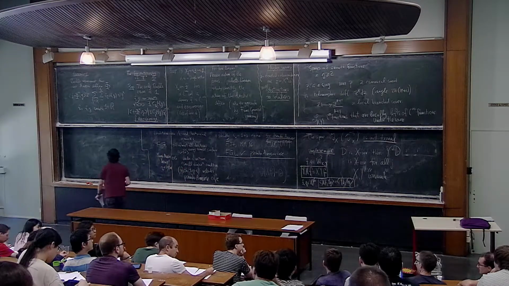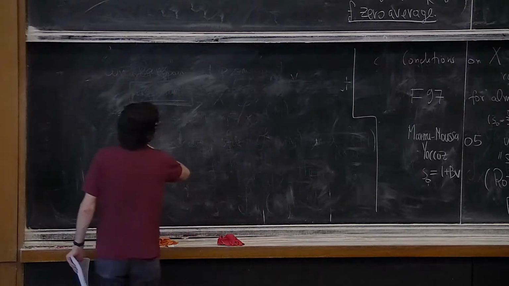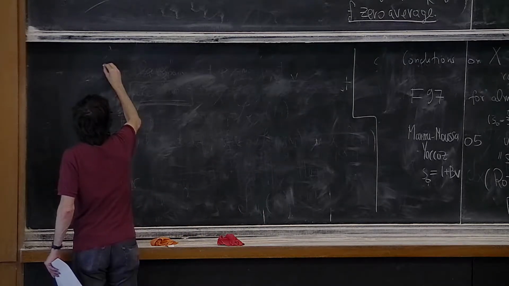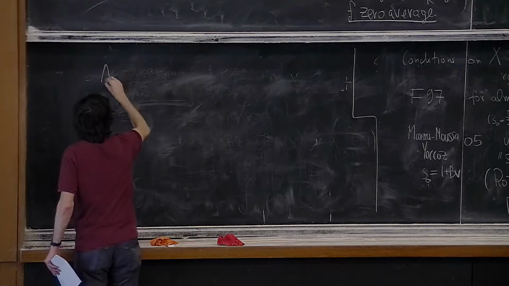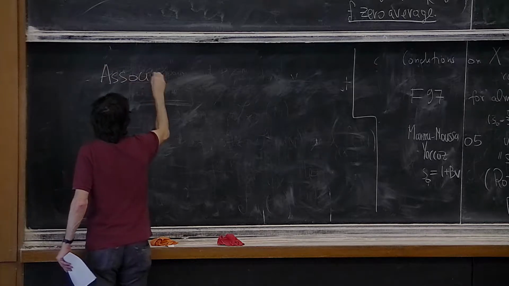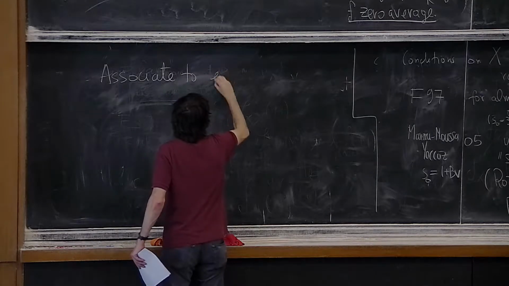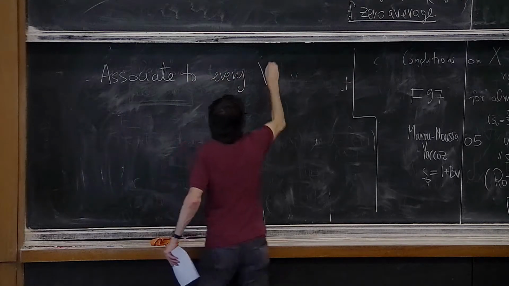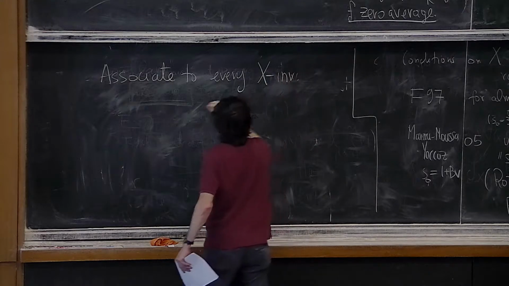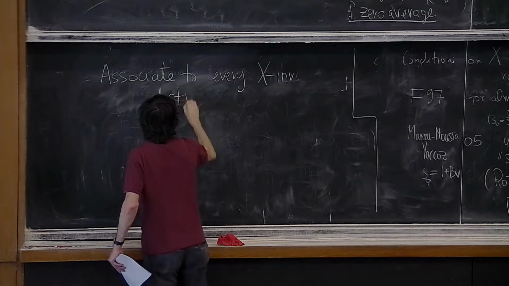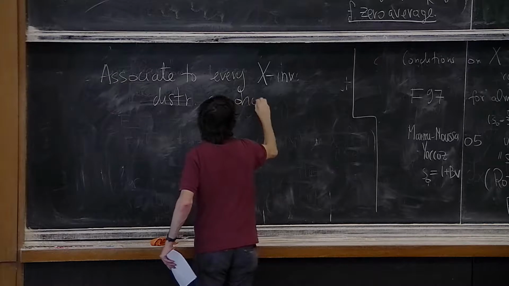Okay, so the main point is that we can associate to every X invariant distribution a cohomology class.